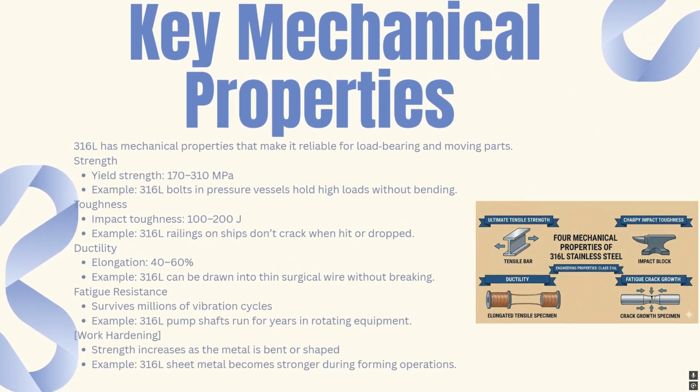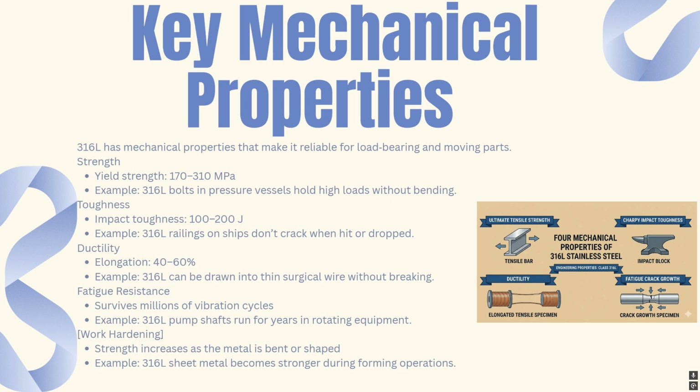For the key mechanical properties, we need strength, toughness, ductility, fatigue resistance, and work hardening. First, strength is from 170 to 310 MPa, so it can take a lot of load. The toughness is from 100 to 200 J, which means it can absorb a lot of energy before breaking. For ductility, it's from 40% to 60% elongation, which basically means it can stretch a lot.